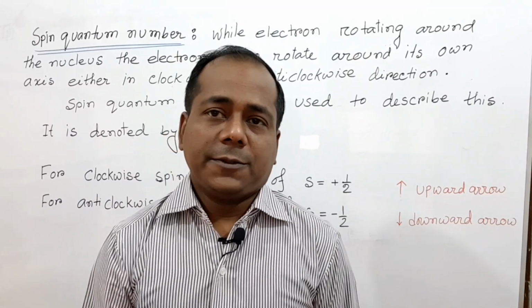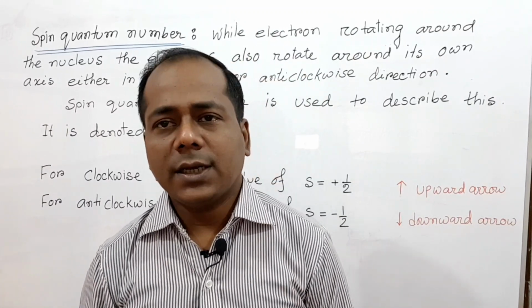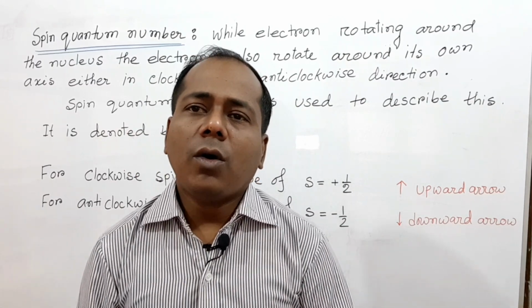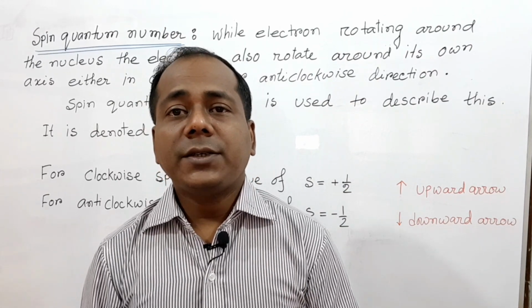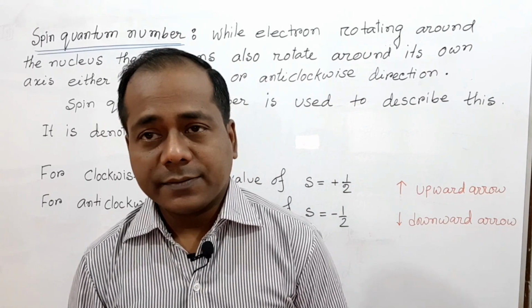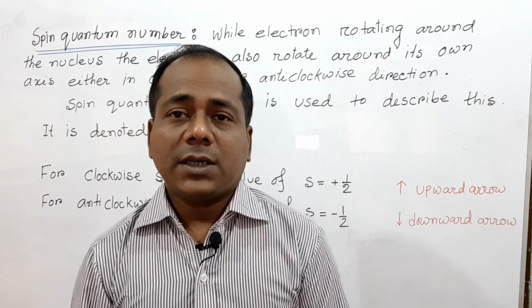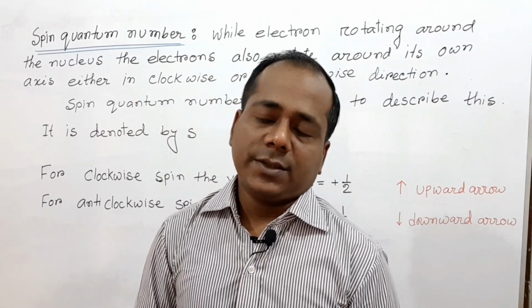In quantum number, while electron rotating around the nucleus, the electrons also rotate around its own axis either in clockwise or anti-clockwise direction. Spin quantum number is used to describe this.